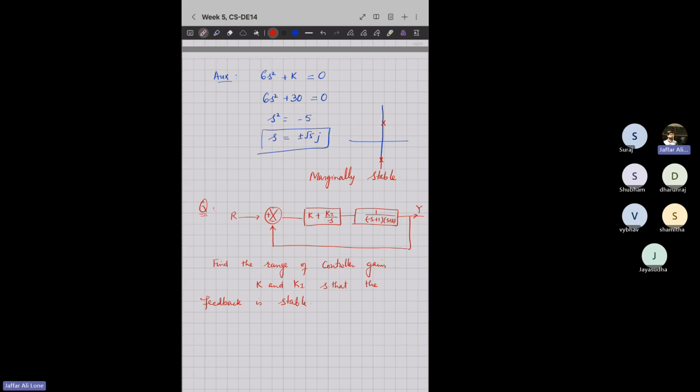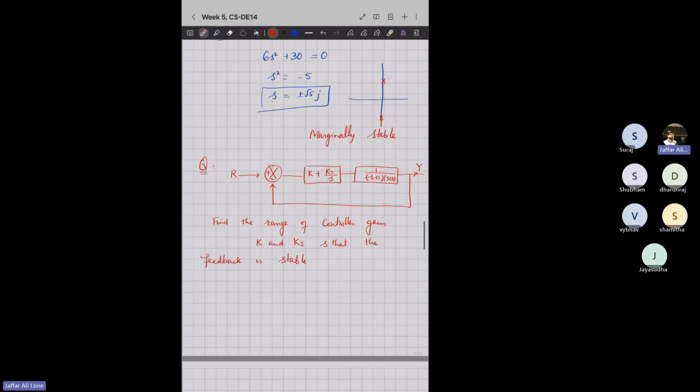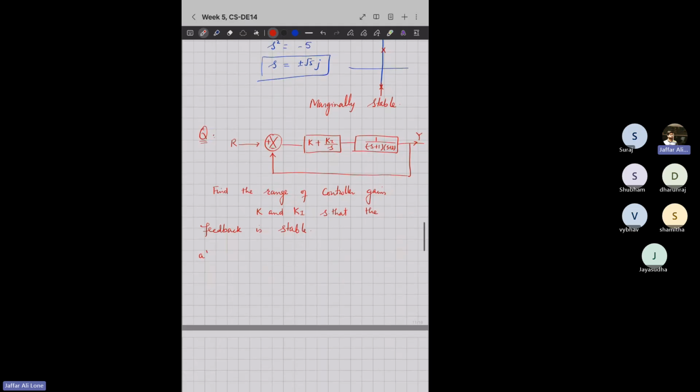Okay, anybody can explain how? Because we solved, achha, okay, I'll give you options, because that will help you to give me answers. Option number A is Ki greater than 0, K greater than 0. Option number B, K is greater than 0, Ki is greater than 3Ki minus 2.